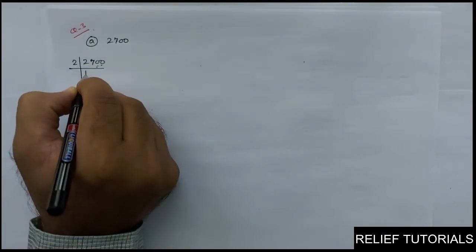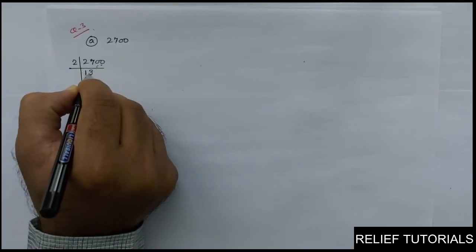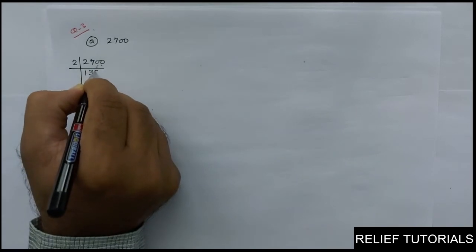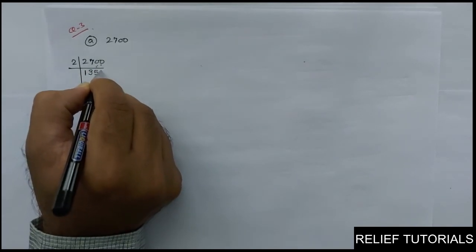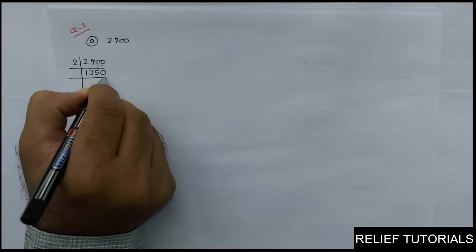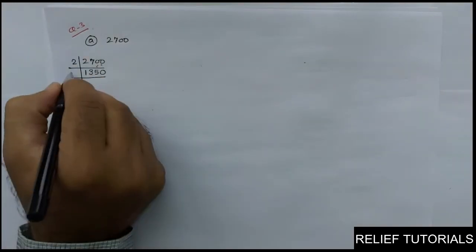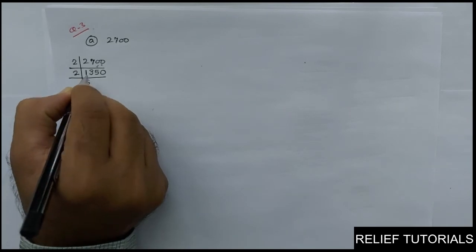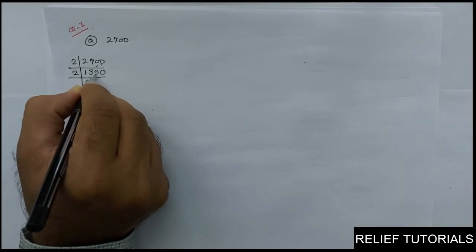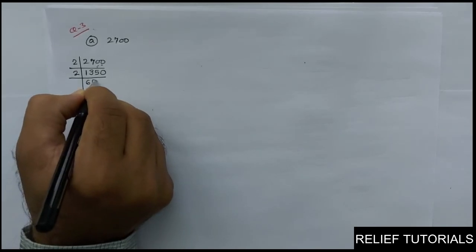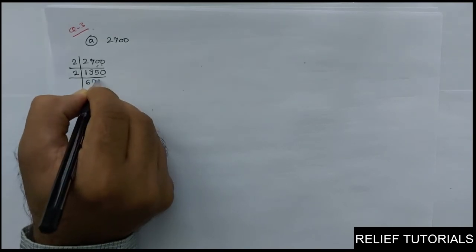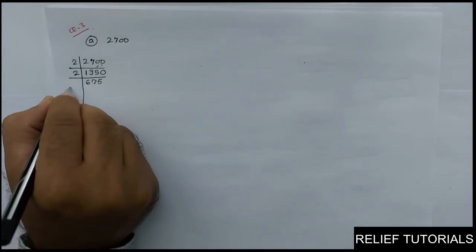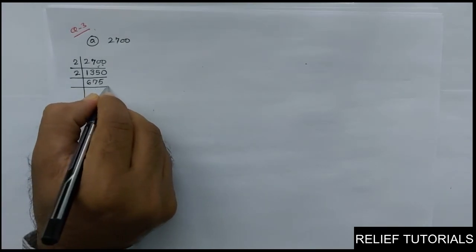2 ones are 2, 2 threes are 6, 1 left, 2 fives are 10 and 0 as it is. Still it can be divisible by 2. 2 sixes are 12, 1 left, 2 sevens are 14, 1, 0, 2 fives are 10. Now it will not be divisible by 2.